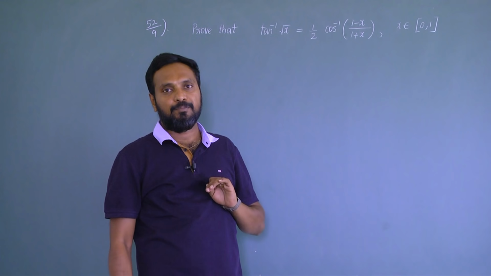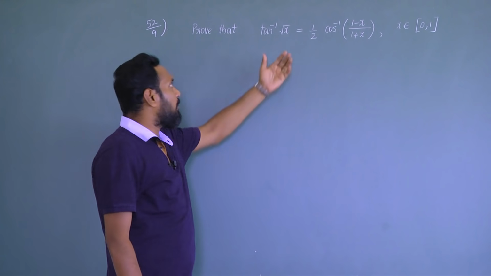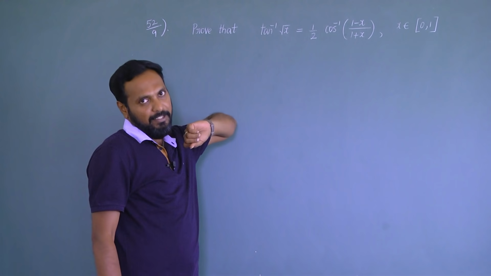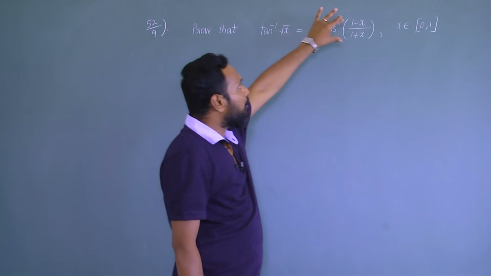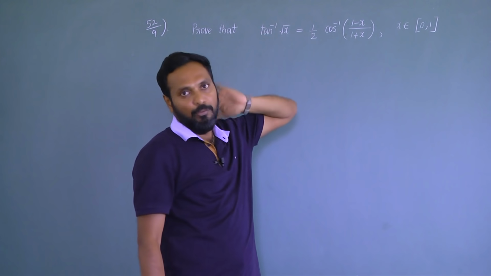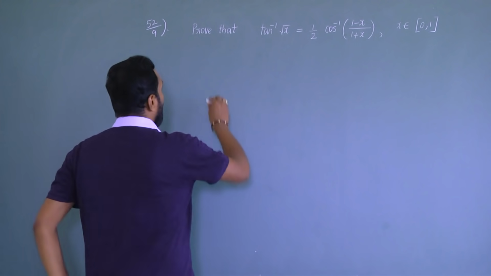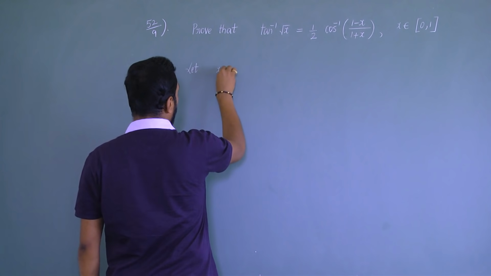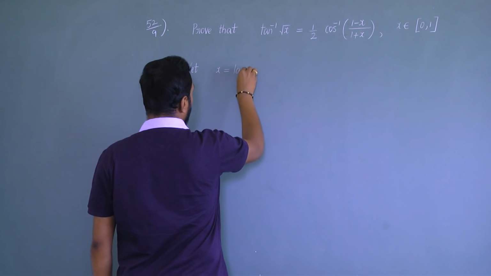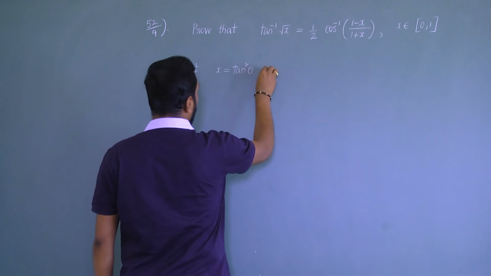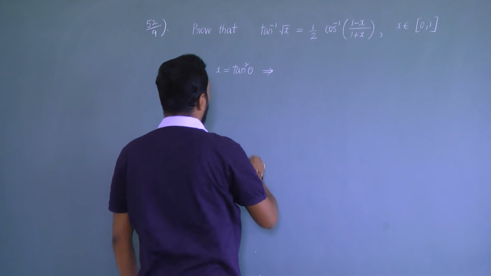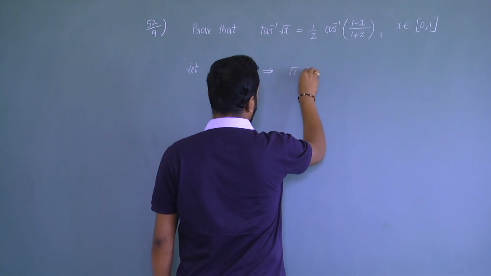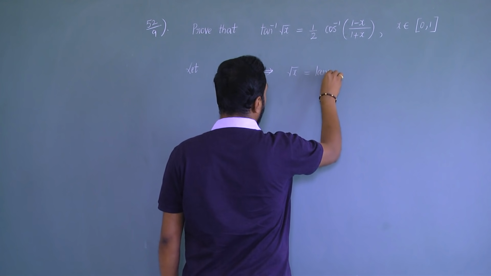But if you observe the other side of this problem, you need tan inverse root x, so the assumption for x must be in terms of tan. So the assumption for x in terms of tan for this form is x equals tan square theta. This implies, taking the square root to this side, root x equals tan theta.